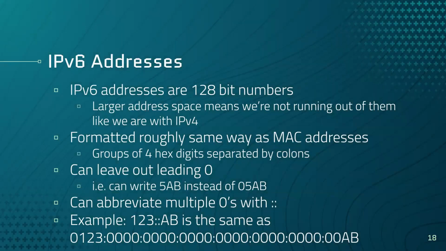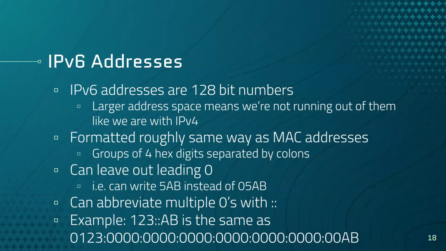So IPv6 addresses. These were basically created because IPv4 was running out of addresses, because 32 bits is only 4 billion addresses, which is not really a lot when the internet covers the entire world, because there are twice as many people as IP addresses at this point. And then people have multiple devices and stuff like that.